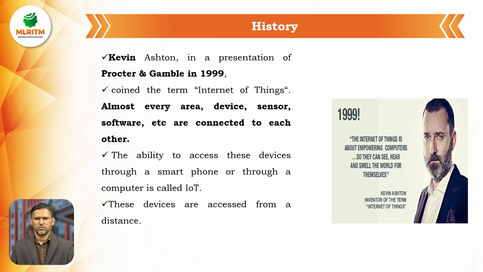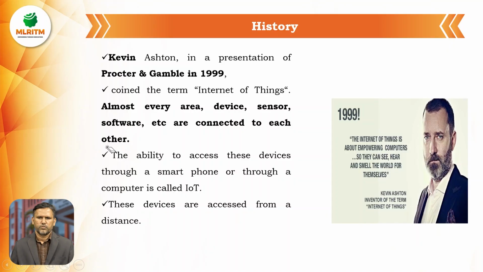Next, the history of IoT. In the 1990s, Kevin Ashton coined the term Internet of Things. It covers almost every area, every device, every sensor, and software which are connected to each other.